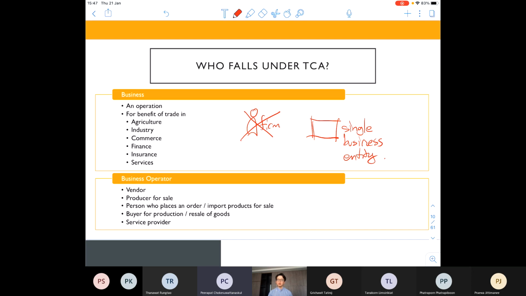Because you can still control these smaller firms, even though they are separated juristic persons. But this particular act will look at them as just one entity, which is called single business entity, that has this chain of command of asset relationship.